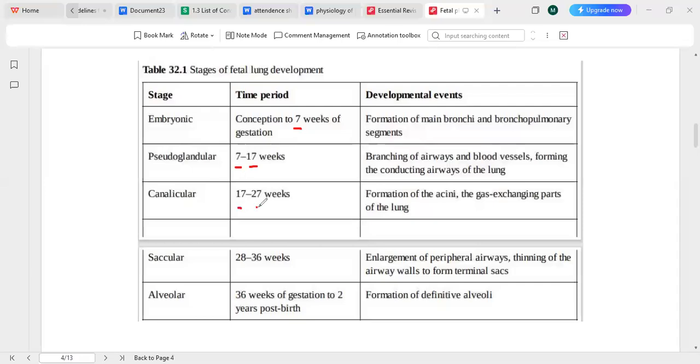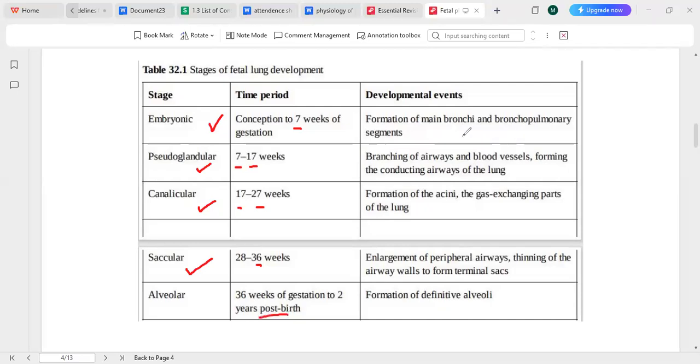You can see 7, 7, and if you learn that 36 to 37 weeks is the time of birth, you can easily remember all the stages. Conception to 7 weeks is the embryonic stage, 7 to 17 pseudoglandular, 17 to 27 canalicular, and then 27 to 37, if you want to memorize this way, is saccular, and then alveolar, up to 2 years post birth.